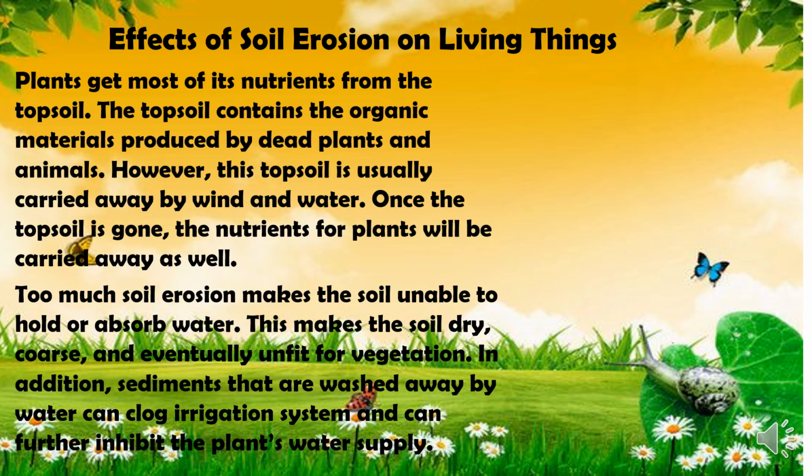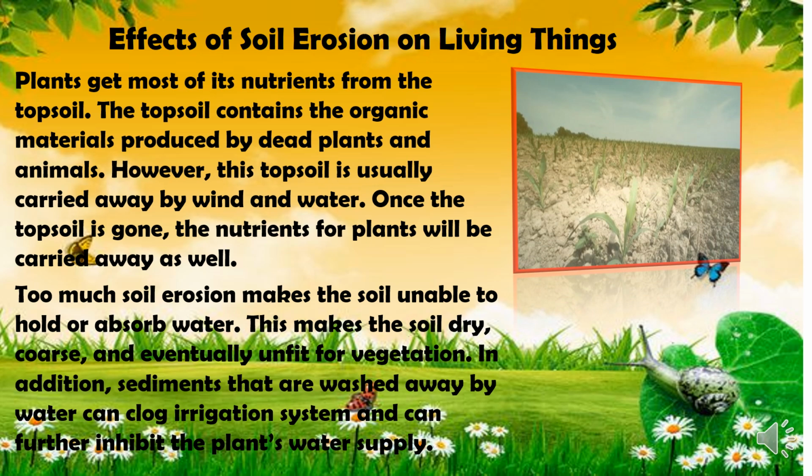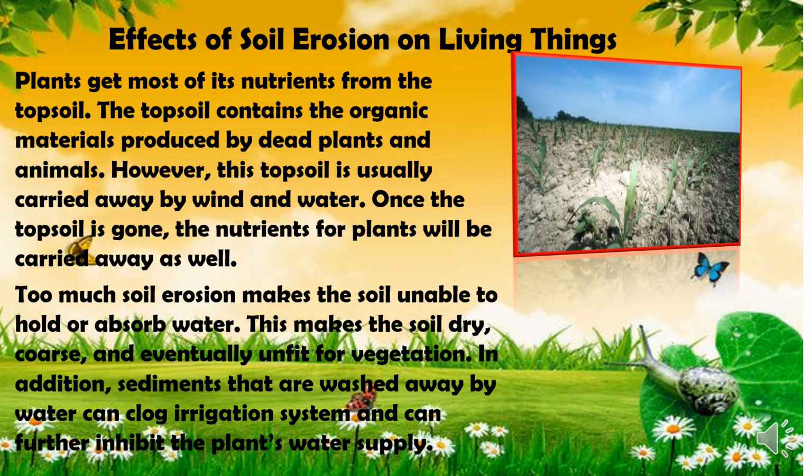Plants get most of their nutrients from the topsoil. The topsoil contains the organic materials produced by dead plants and animals. However, this topsoil is usually carried away by wind and water. Once the topsoil is gone, the nutrients for plants will be carried away as well.